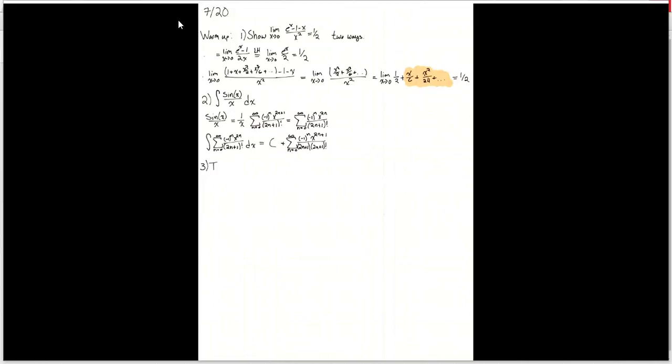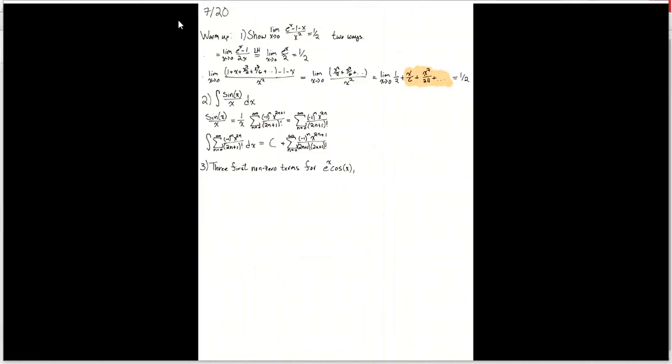We're going to be finding the first 3 non-zero terms for e to the x times cosine of x. And we're going to center it at a equals 0. So Maclaurin series.